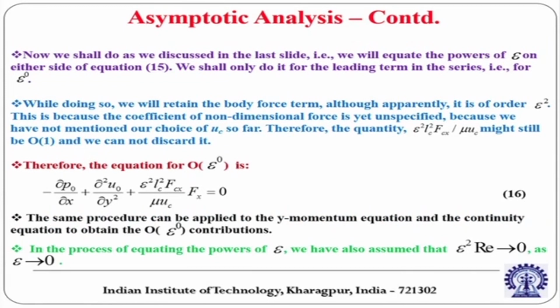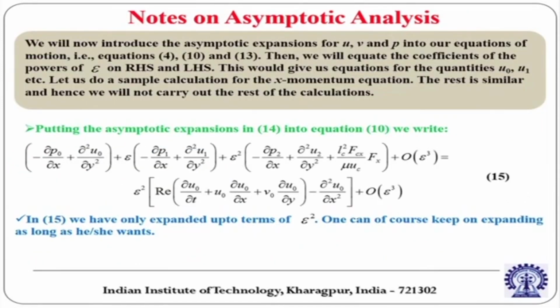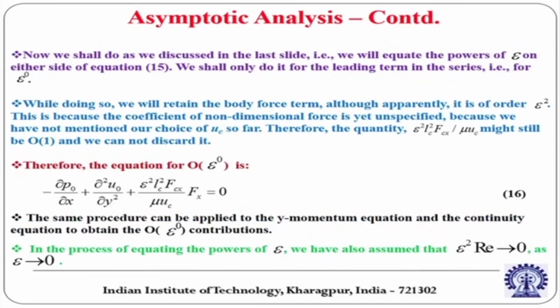You can have the asymptotic expansion along x leading to this equation, and one of the important considerations is that in the process of equating powers of epsilon we have assumed that epsilon square times Reynolds number tends to 0 as epsilon tends to 0, and that is true if the Reynolds number is small, otherwise you cannot ensure that.